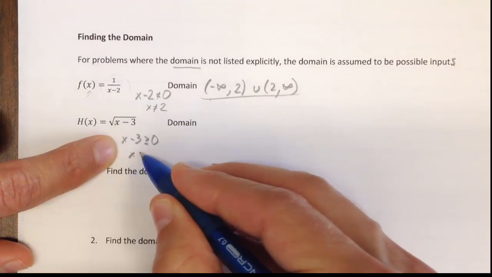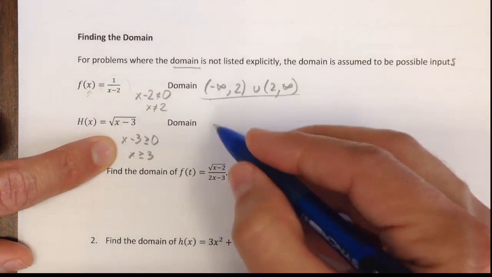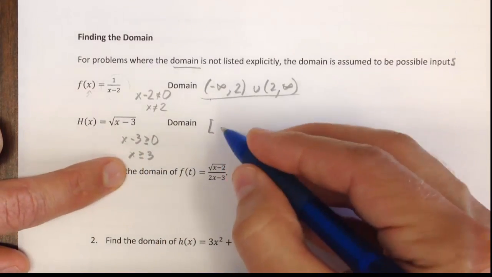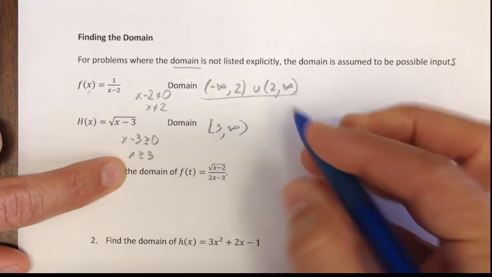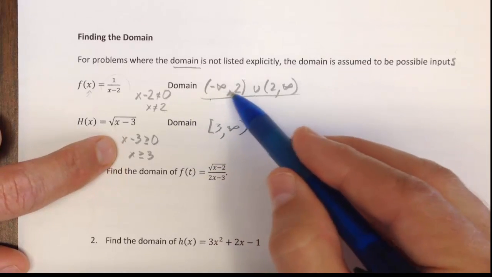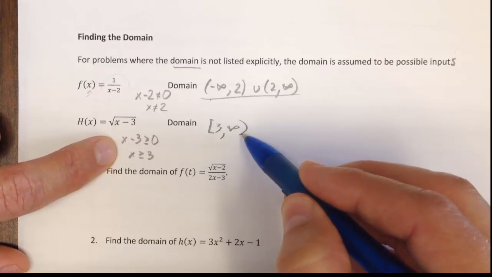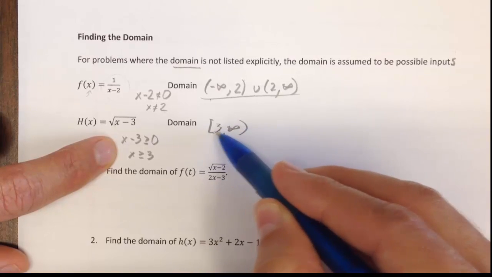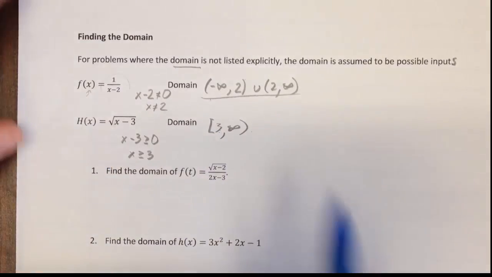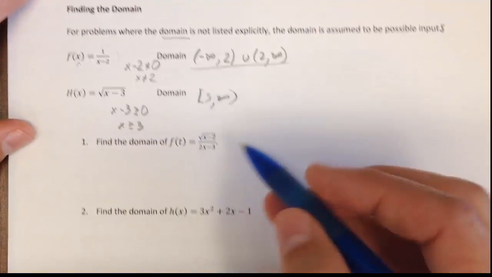That means x is greater than or equal to 3. Okay? Since I can be equal to 3, I'll put a 3 up to infinity. Remember, this parenthesis means up to 2 but not including 2. And of course I'm going up to infinity, but it wouldn't make sense to include infinity. So this is including 3, not including infinity. We always go left to right, increasing, when we write our domains.